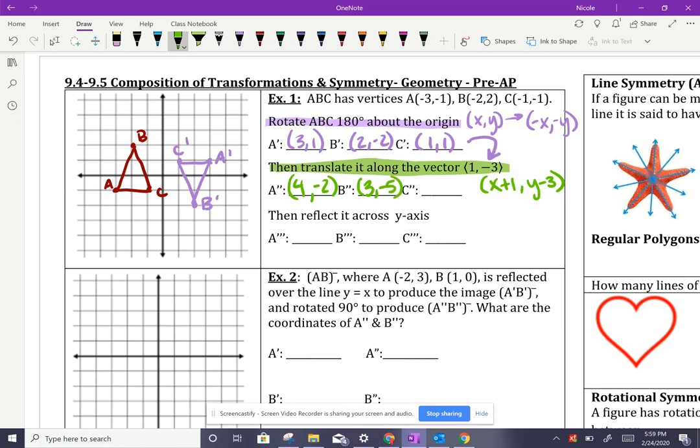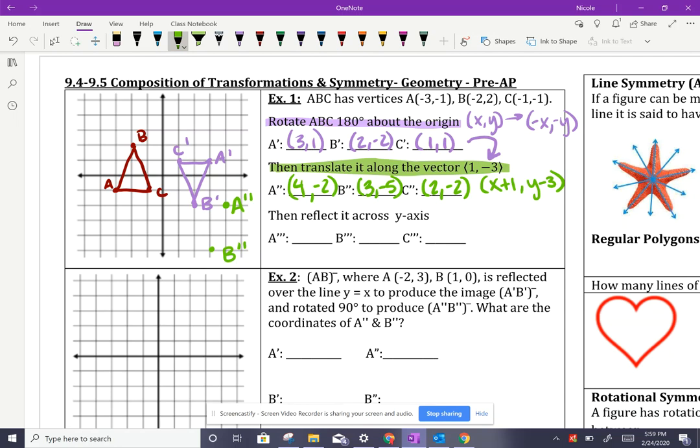For C double prime, I look at C prime. I add 1 + 1 is 2. 1 - 3 is -2. And I have my new triangle. So let's look at that. We have A double prime at 4, -2, and then we have 3, -5 for B double prime.